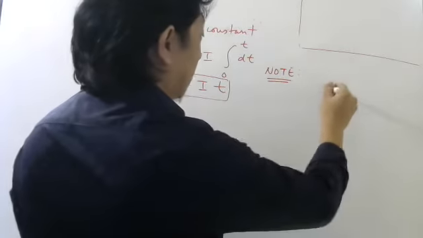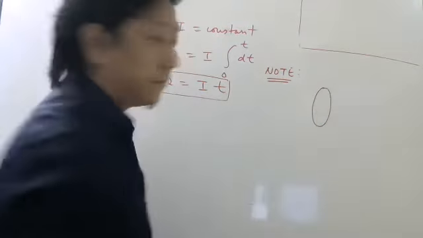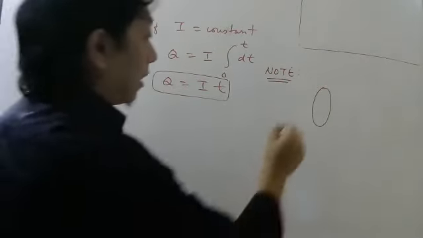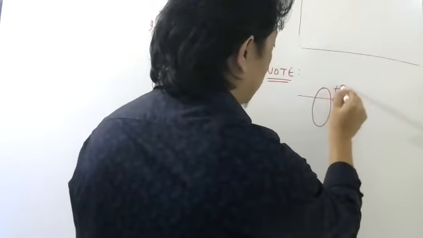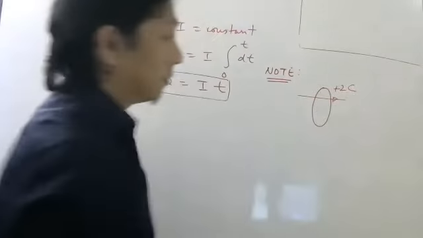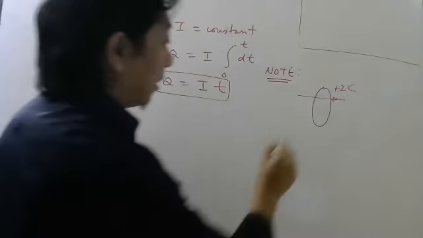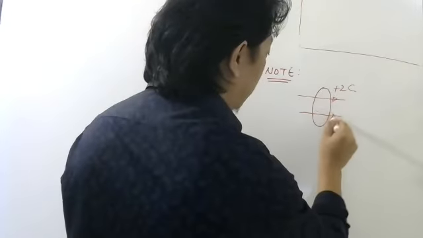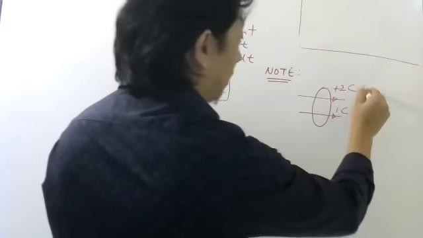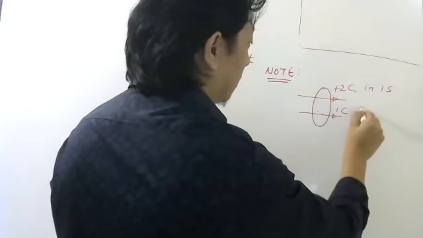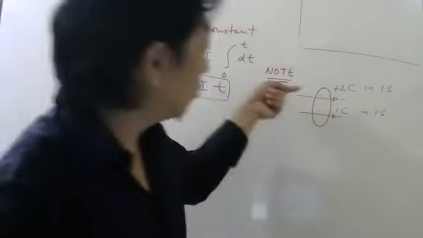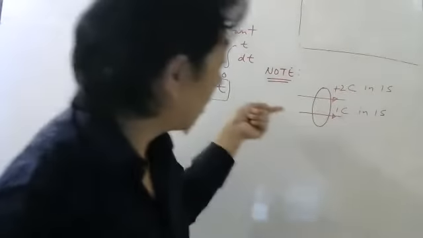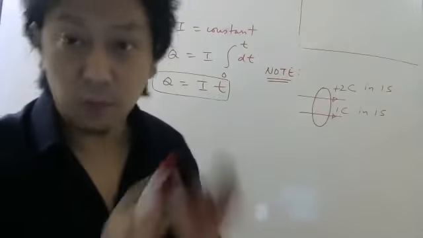Suppose you have some cross-sectional area like this, and through this cross-sectional area, +2 coulomb is flowing like this and +1 coulomb is flowing here, both in 1 second. So in 1 second, 2 coulomb passes, and in the same 1 second, another 1 coulomb passes.